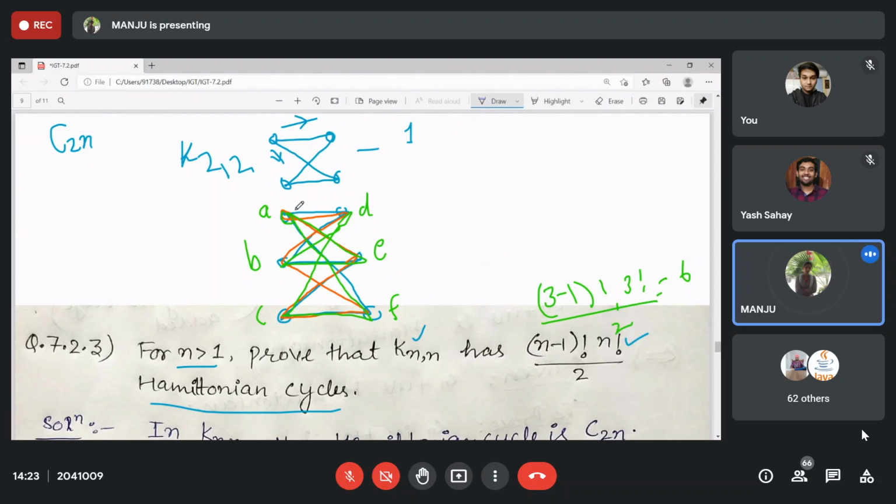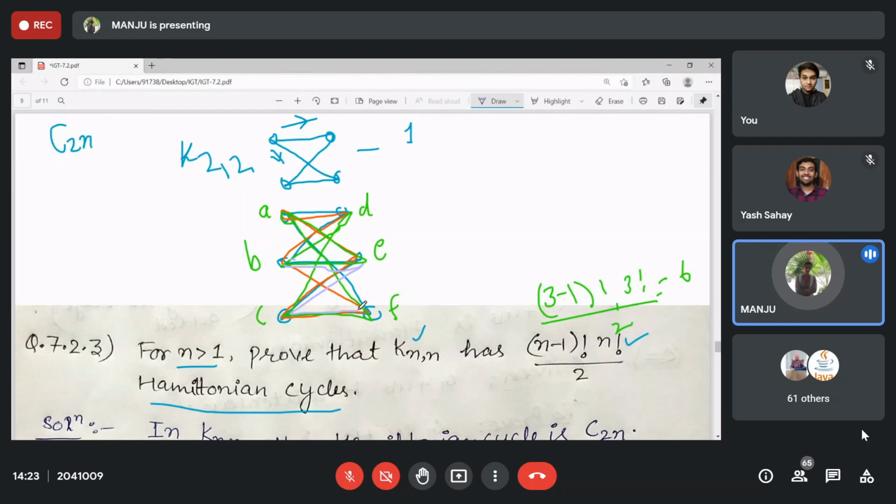So we have started with this. So we can take some other, starting from this one to this one. That will be C4 for this one. This, then this, this one, this one, this one.